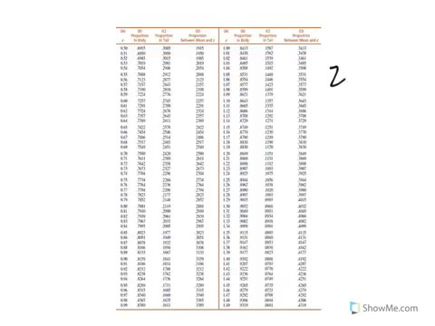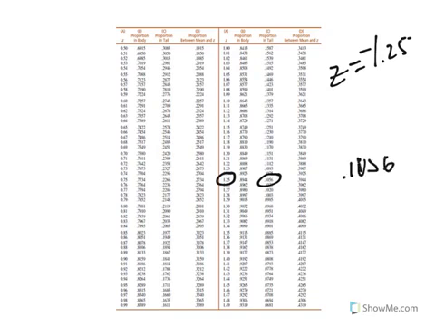Okay, so here we are. We're looking for z equal to negative 1.25. Again, noting that there aren't any negative values in our unit normal table, we just use its corresponding positive value, and that's here, 1.25. The area proportion, or area in the tail, is represented by 0.1056.